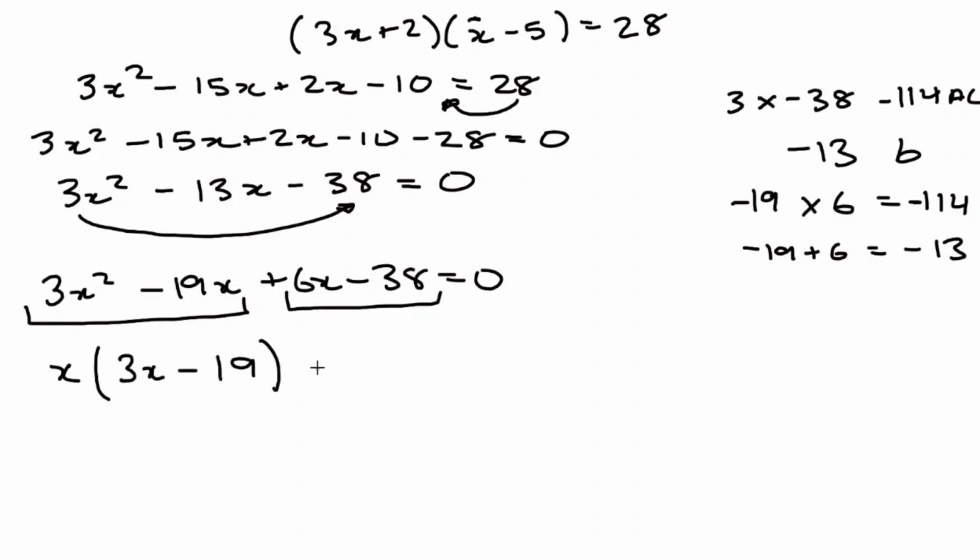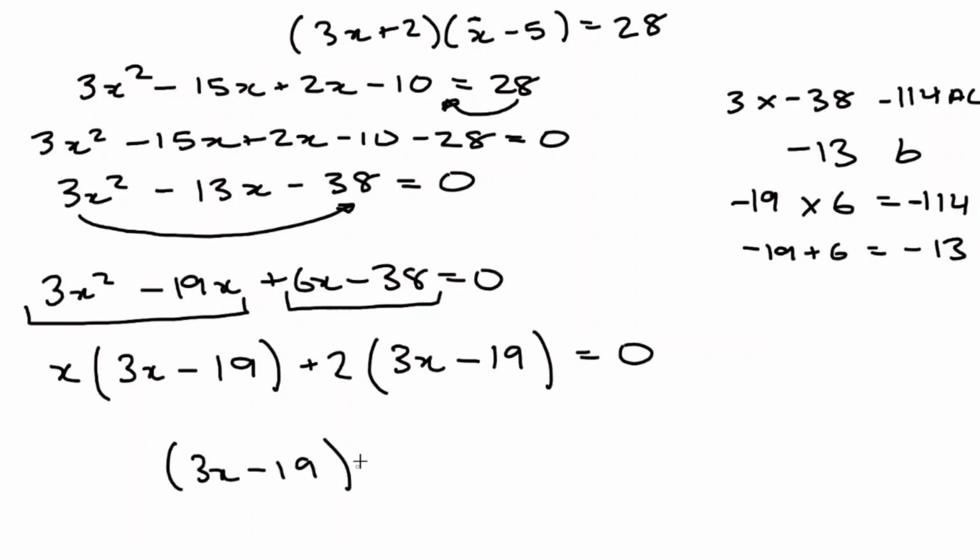On this side, we have 2, which is common. So that'll give us 2 times (3x minus 19), since 2 also goes into 38 19 times. So now we've got 3x minus 19 as common. So we've got (3x minus 19)(x plus 2), which is equal to 0.